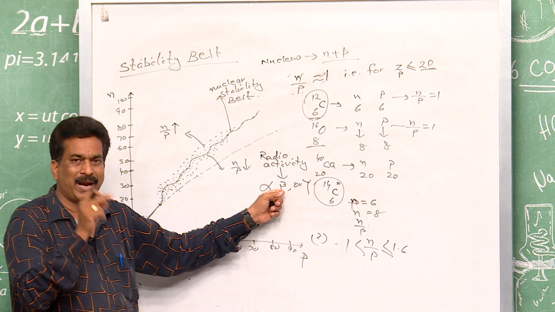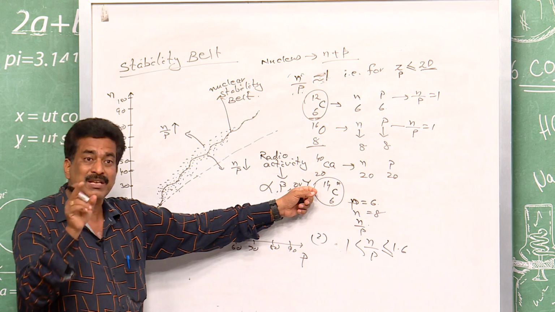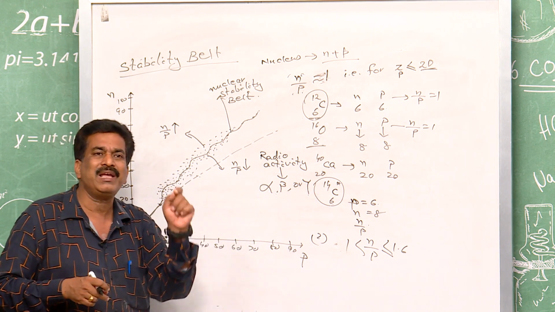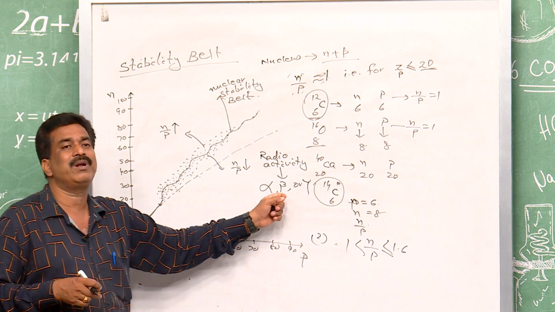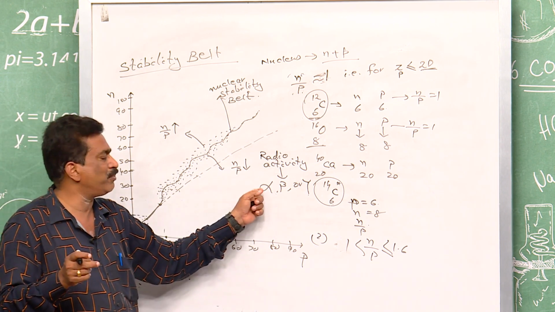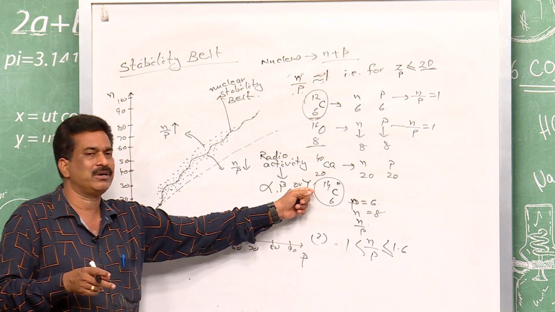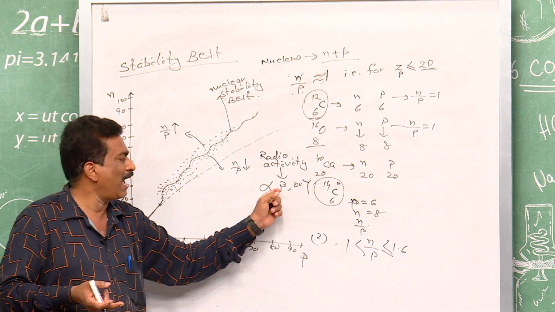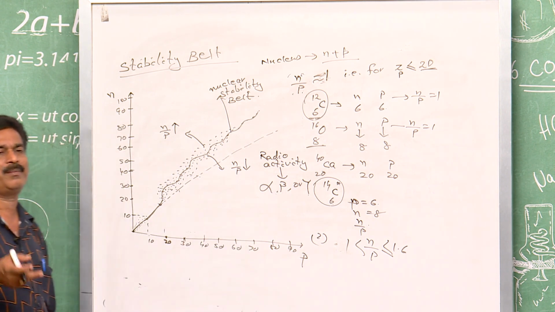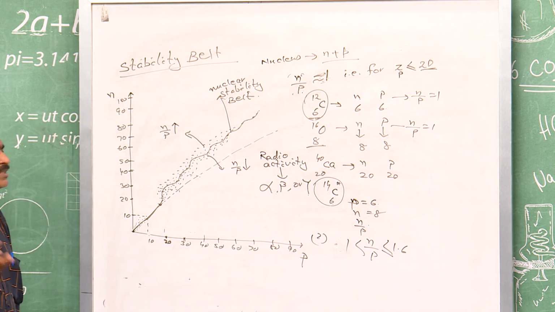If a beta particle is emitted, gamma is with it. Gamma is like a dessert in a meal: if you take veg, the dessert is there, and if you take non-veg, the dessert is there. Regarding alpha, beta and gamma, we will go to the next episode.